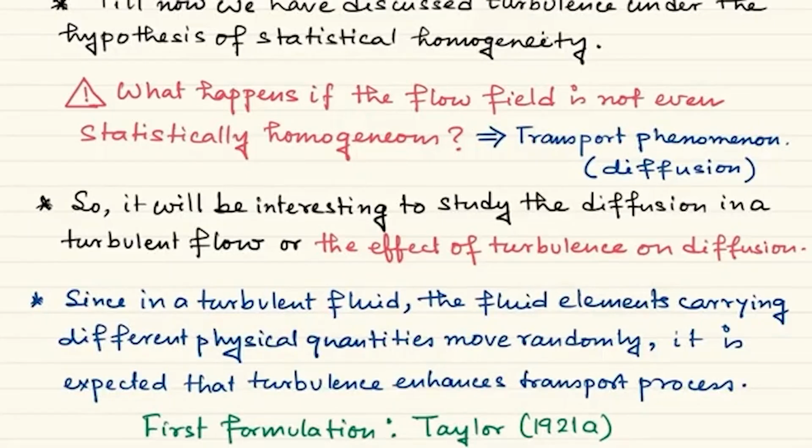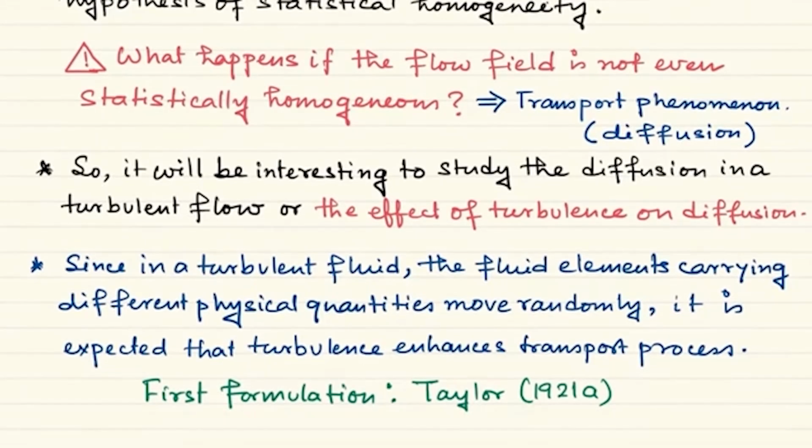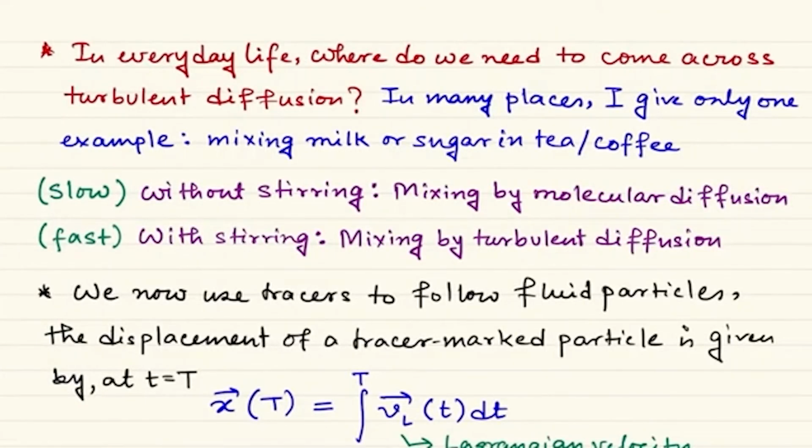Now, it is easy to say in words what turbulence does for efficient mixing, but the first formal formulation was given by Taylor in the year 1920. This is the same Taylor who talked about the importance of 2-point correlations in turbulence. So in a sense, Taylor can be thought to be the father of so-called modern turbulence or modern fluid mechanics.